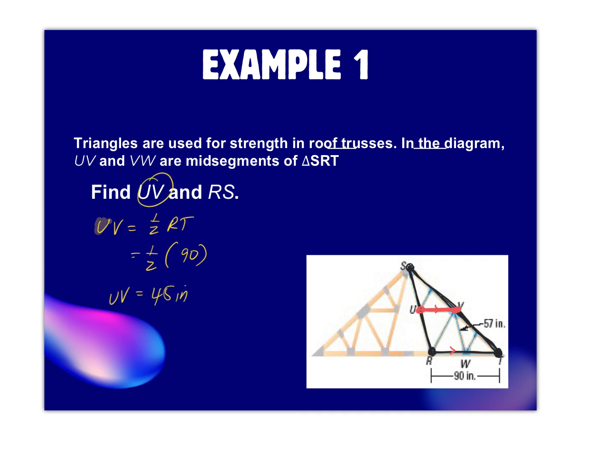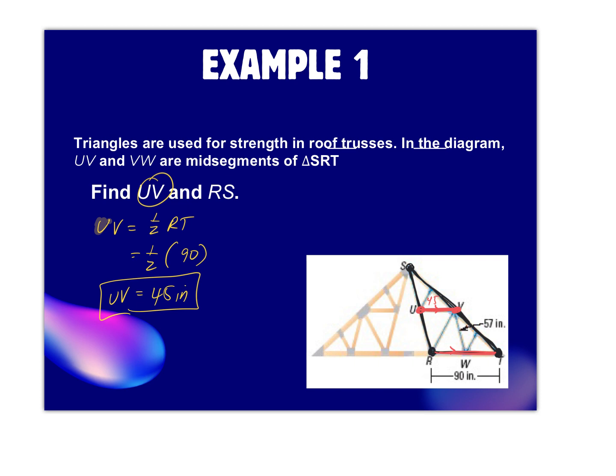So line segment UV is 45 inches. So this here is 45, okay? Because again, it's half of RT, which is 90. So that's one thing that I found.